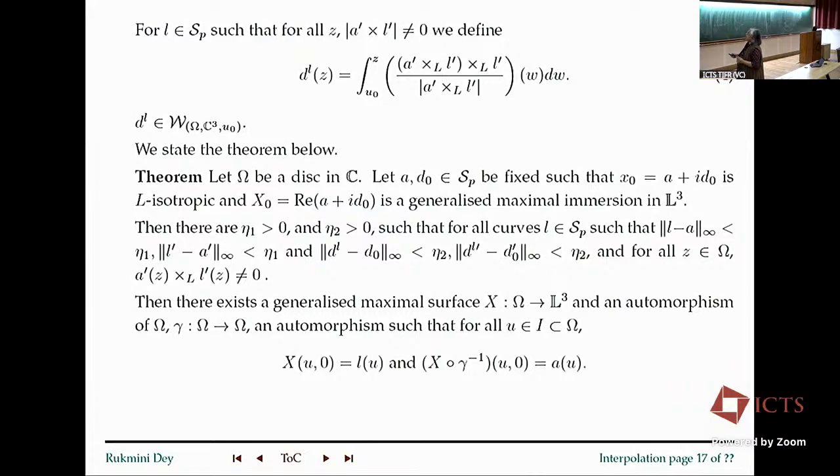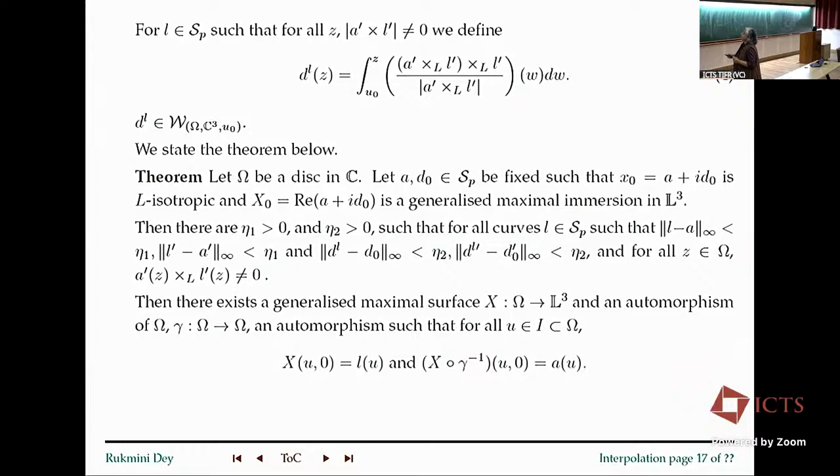So let omega be a disk in C. D0 belongs to SP, fixed such that this is L isotropic, and X, the real part of A plus I D0, is a generalized maximal immersion in L3. Then there are eta 1 and eta 2 greater than 0, such that for all curves in SP such that L minus A in the sup norm is less than eta 1, and L prime minus A prime, so you have to actually go close not only to A, L prime must also be close to A prime.